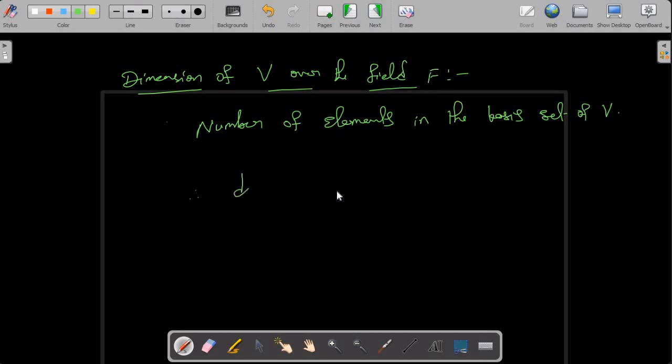So now it is very clear that the dimension of R2 over the field of real numbers is 2. And similarly, the dimension of R3 over the field of real numbers is 3. Now, just now we proved one statement.